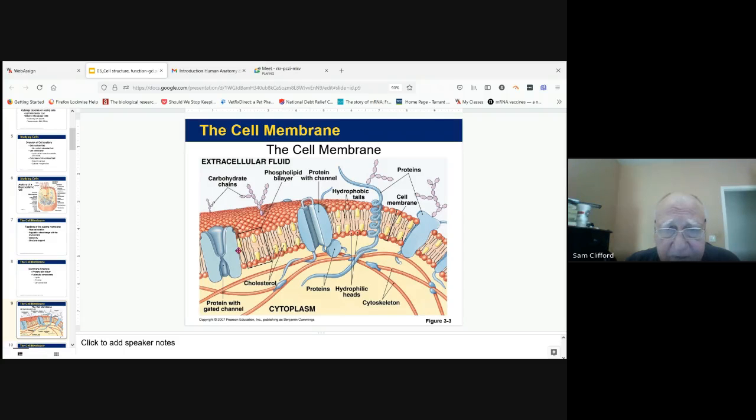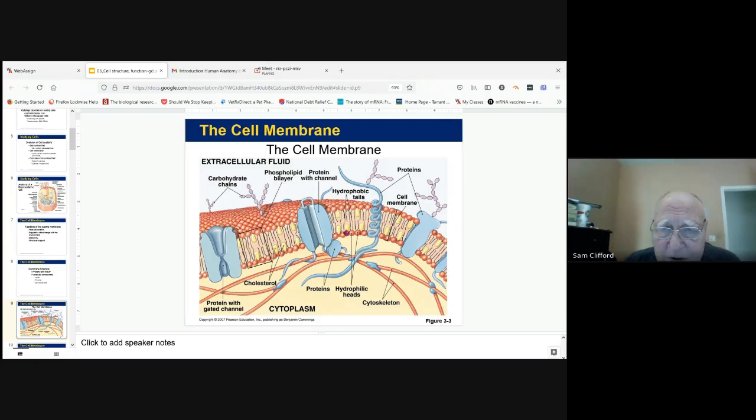So here we have the cell membrane. It has proteins that allow channels to form. These channels can be open and closed. The heads are hydrophilic, they love water.